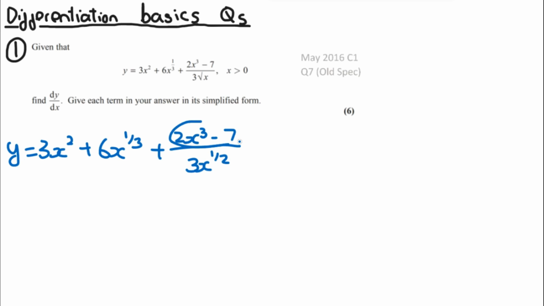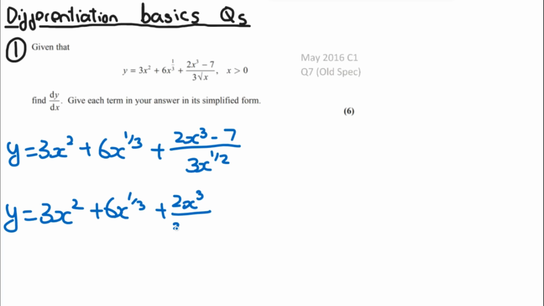And then we can divide both of the terms in the numerator by the denominator. I'll write out the whole fraction in order to make it a bit more clear. So 3x squared plus 6x to the power of 1 over 3 plus 2x cubed over 3x to the half, minus 7 over 3x to the half.